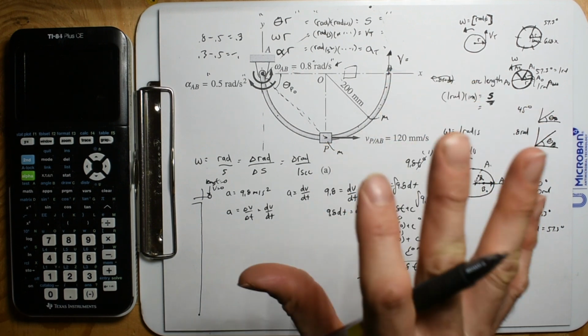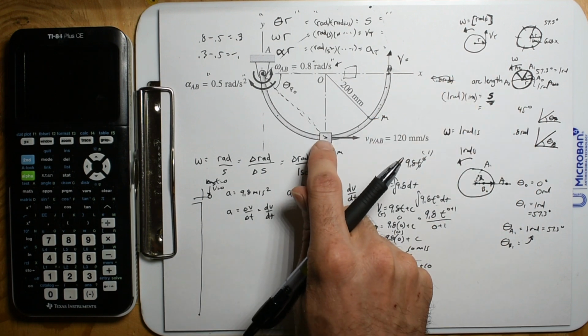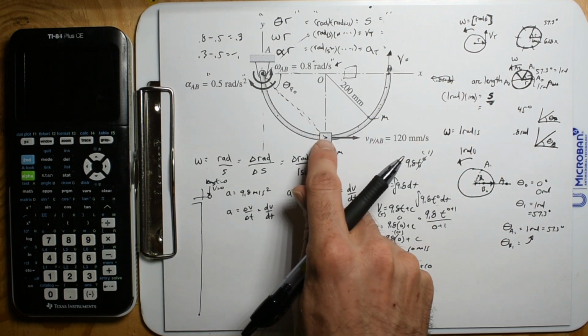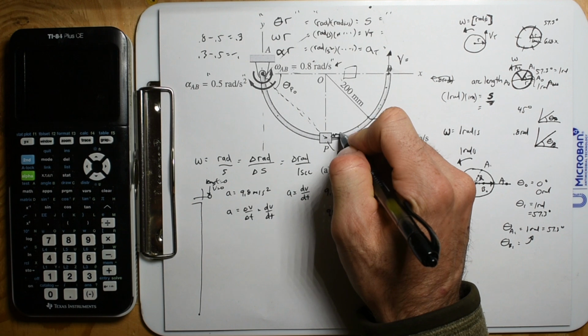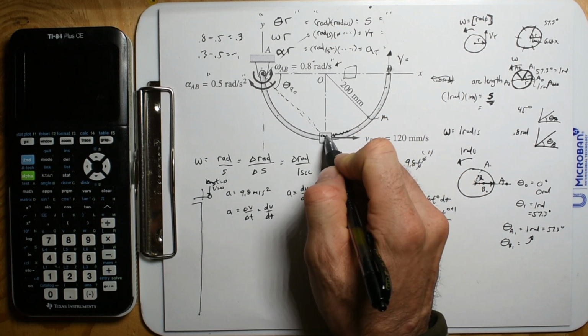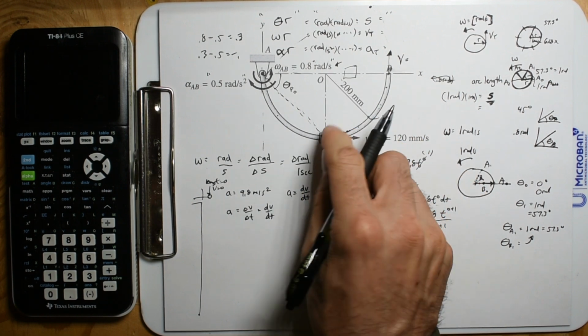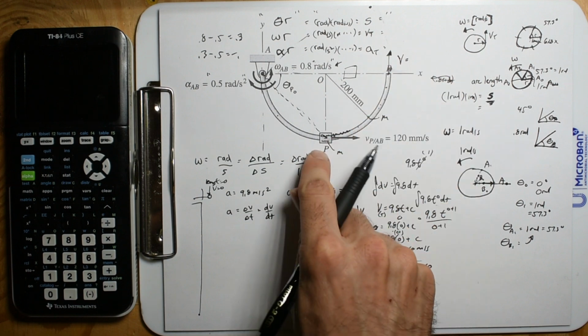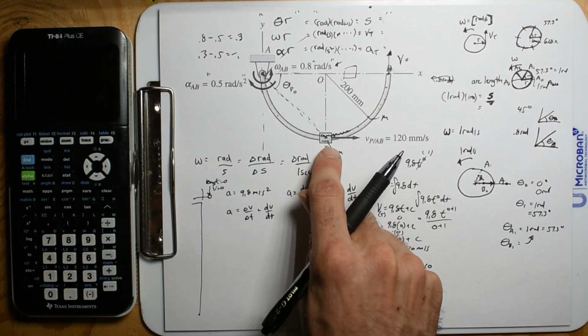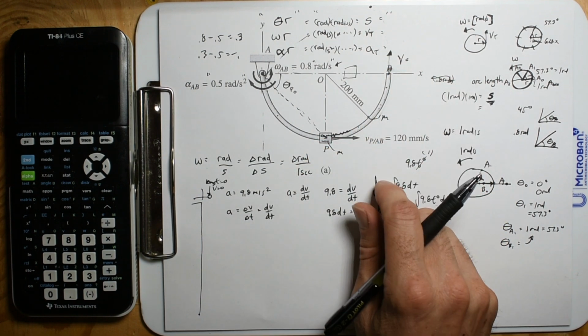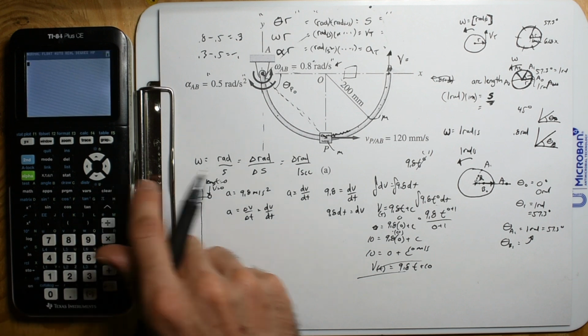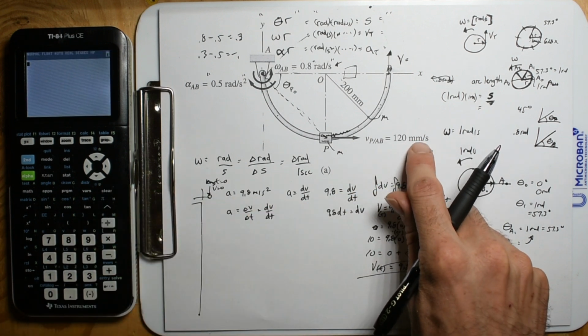But for whatever reason, let's pretend this thing is on a motorized track. Literally there's grooves in here, there's wheels, and this thing is moving itself along from this point, which we're calling P, to B. And it's doing so at 120 millimeters per second.